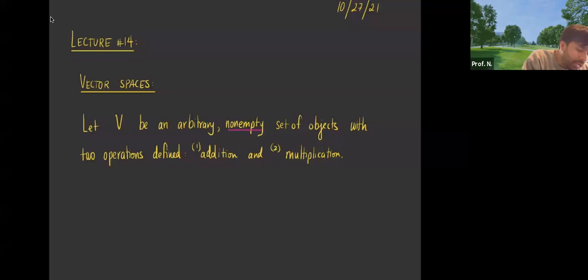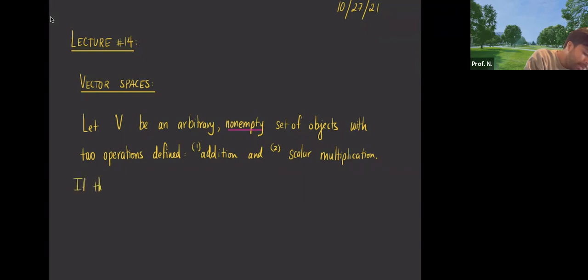And in particular, it's not just any kind of multiplication, it's a scalar multiplication. Okay. Then the following must hold.